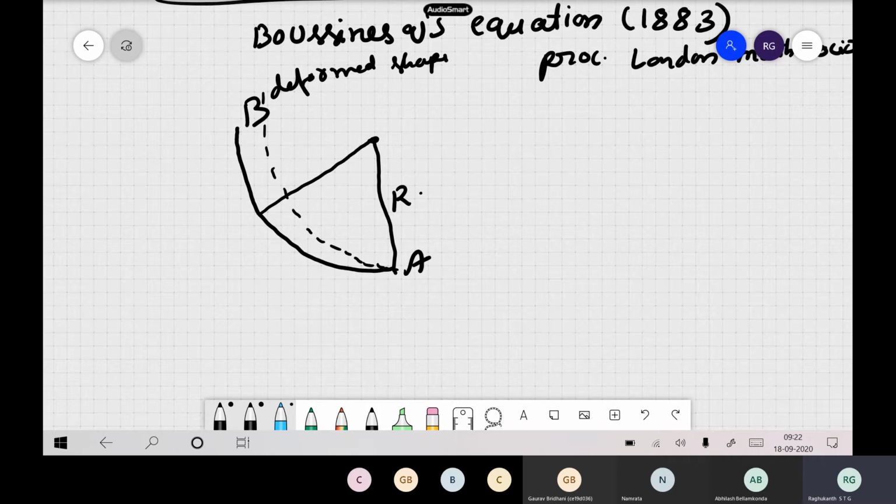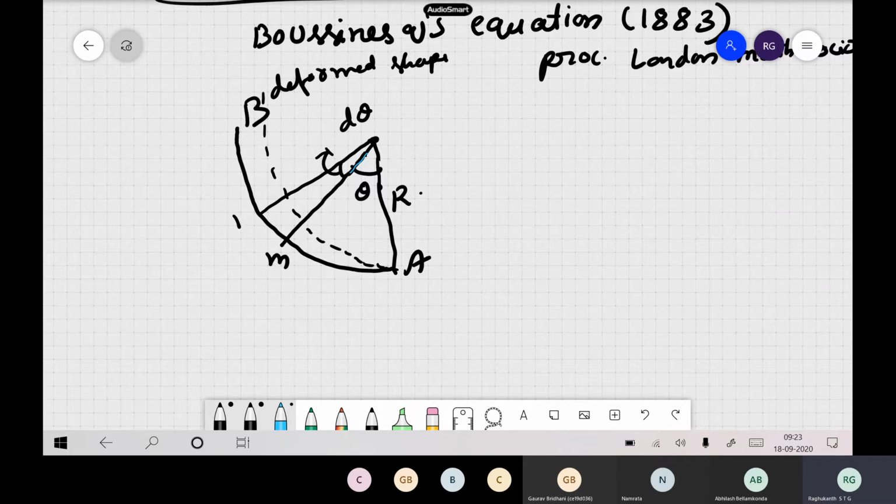This is the deformed shape, and you take some small section here. If I indicate all the angles, this is some theta here. Now if I take a small element, which is some d theta, because of deformation it has moved.